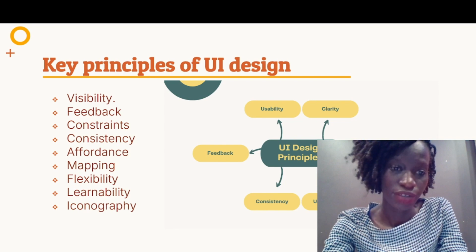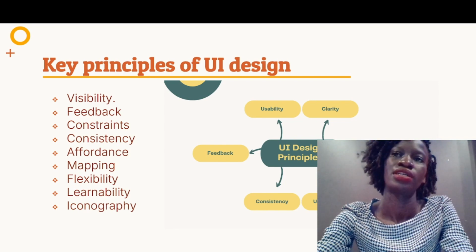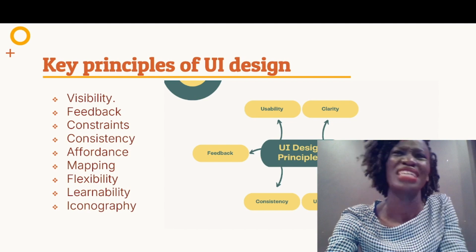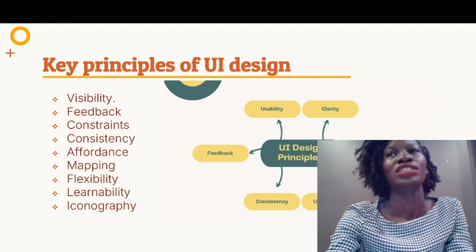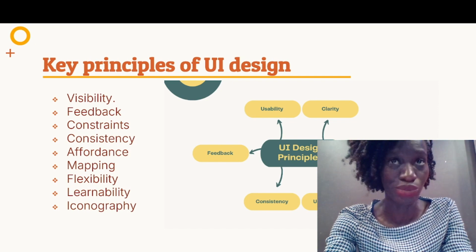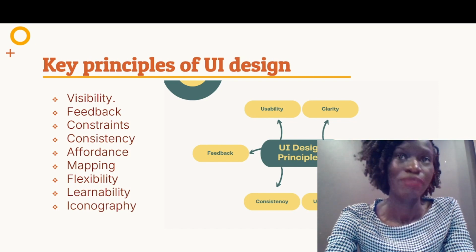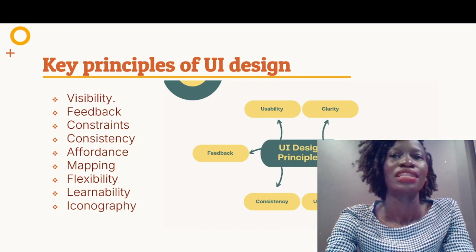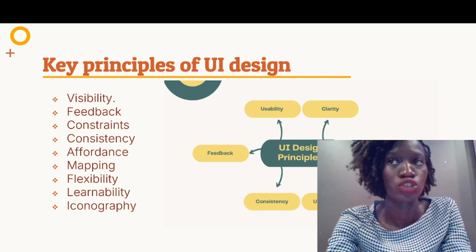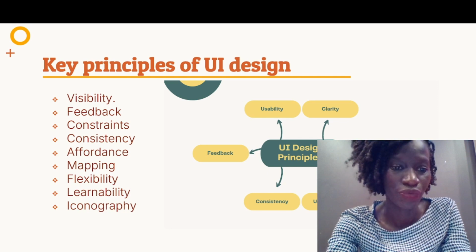Maintain consistency in the product layout, behavior, and appearance of the UI elements. Then we have affordance. Design elements should suggest how they are supposed to be used, like buttons that are clickable. Mapping. Ensure that the relationship between controls and their effects is logical and intuitive.